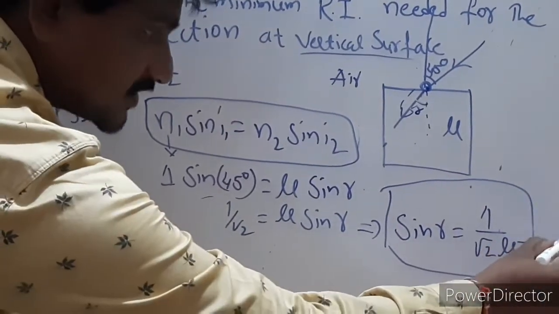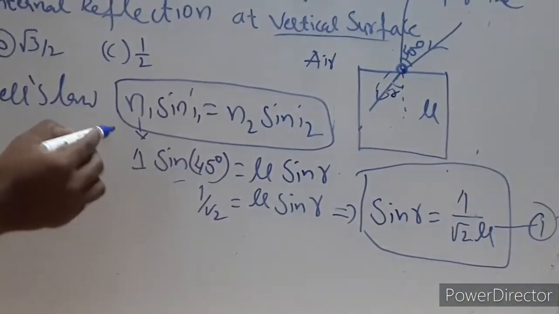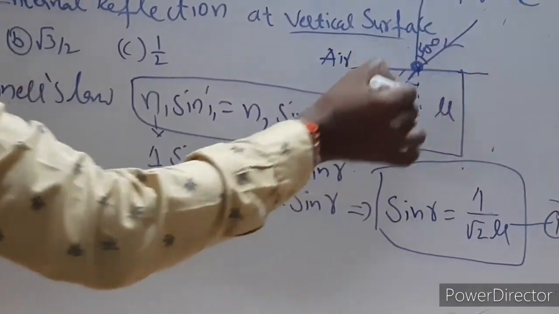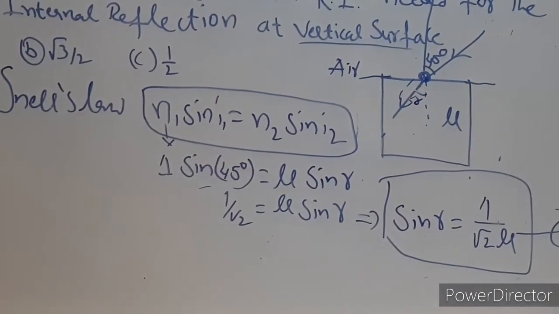This is, let us say, equation 1. This is because of the refraction at the horizontal surface from air to the medium whenever it is entering.